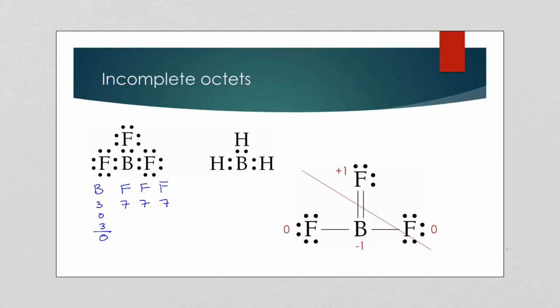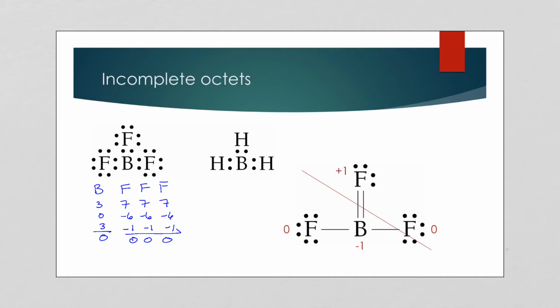So we get a nice formal charge of 0. The fluorines have 3 lone pairs, so that's 6 non-bonding. They're each making 1 bond, so half of that is 1 electron. So 7 minus 6, all of these are 0, right? Perfectly happy.